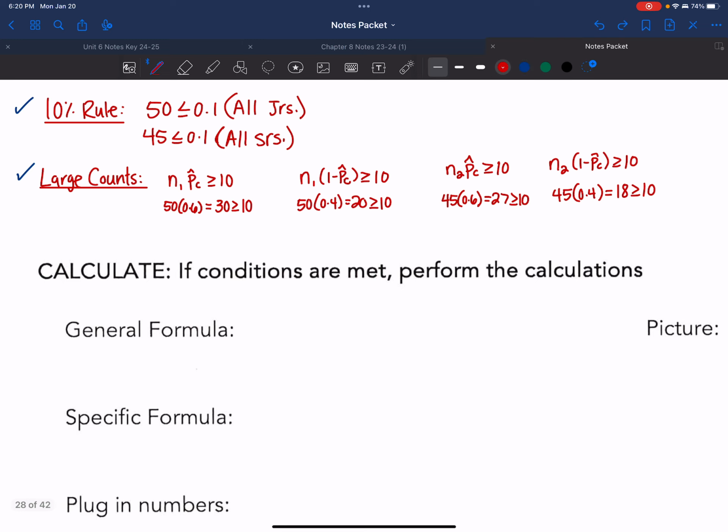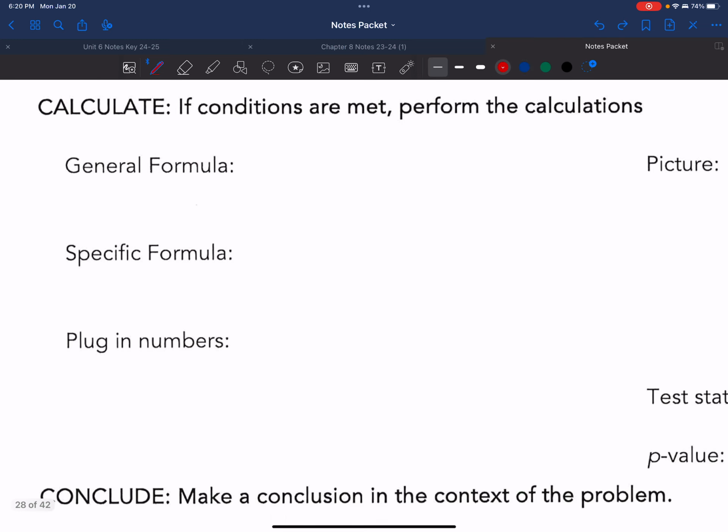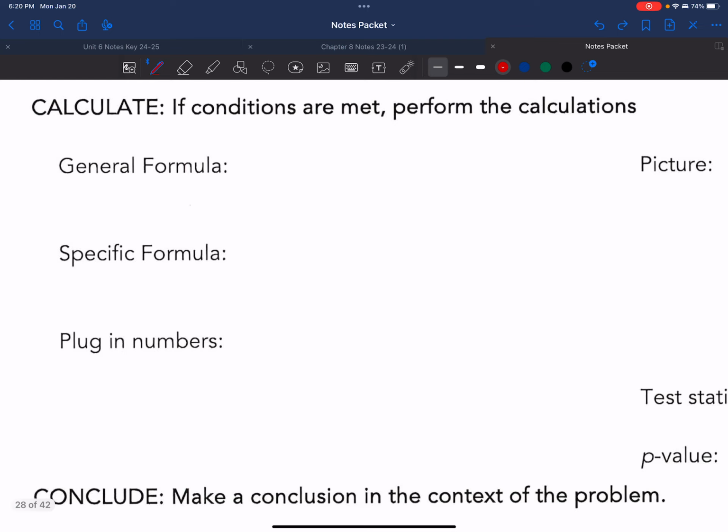All right, so the next part is calculate. Again, the general formula is the same thing as one proportion. It's just the z-score formula, right? So the test statistic is equal to your statistic minus your parameter, divided by your standard deviation.